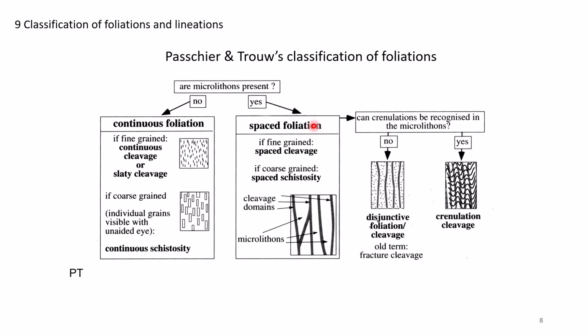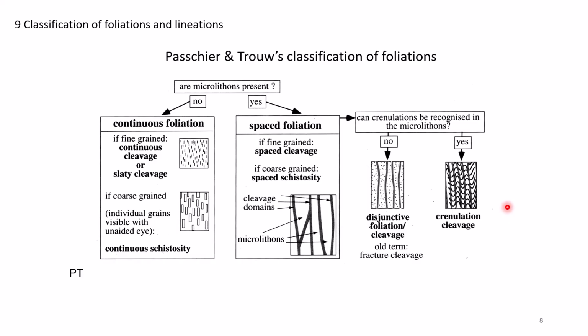Now, if we have a spaced foliation, and particularly in finer grained rocks, we sometimes find crenulations in the microlithons. Here on the right-hand side, this is schematically shown how it would look. We see here cleavage domains running from top to bottom, and in between, in the microlithons, we see the relic hinges of small-scale folds.